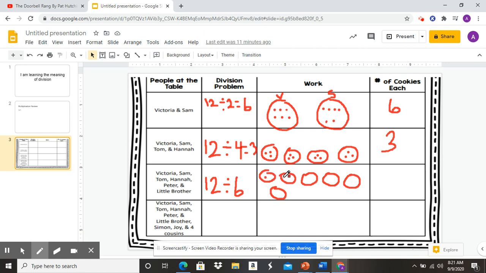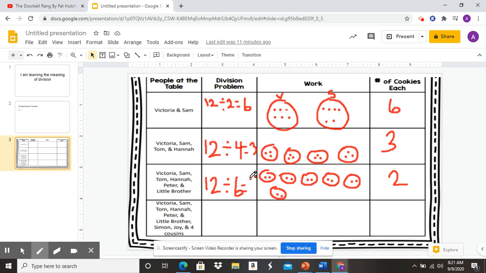So that's 1, 2, 3, 4, 5, 6, 7, 8, 9, 10, 11, and 12. So if I take 12 cookies and divide it by 6 children, they each get 2, okay? So 2 is your answer.